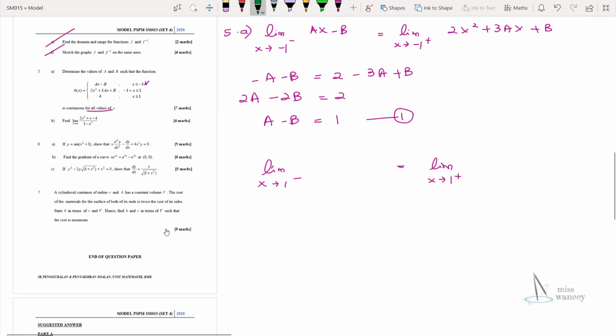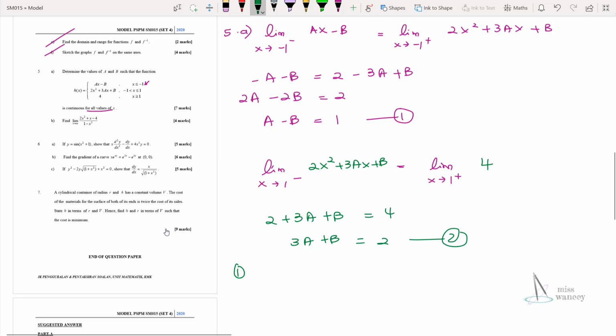On the left hand side, the function should be 2x squared plus 3ax plus b, and on the right hand side, the function is simply 4. Okay, so substitute x with 1, so I get 2 plus 3a plus b equal to 4. So that means 3a plus b will be equal to 2. So that is my second equation.